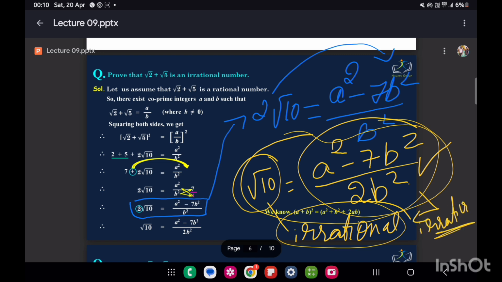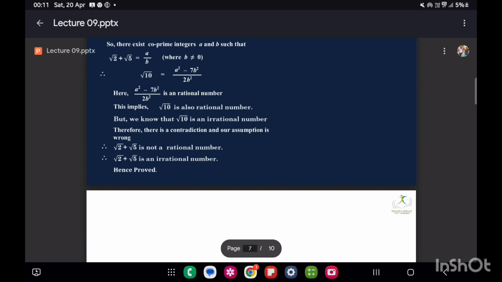Hence we have proved that root 2 plus root 5 is an irrational number. Here, the next step: we have taken root 10 equals a square minus 7b square divided by 2b square. Here a square minus 7b square divided by 2b square is a rational number.